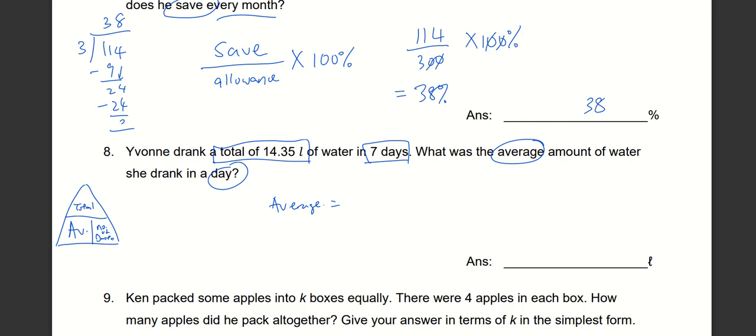is almost like a group each and total thing. So the total is over the number of days, which is 14.35 divided by 7.